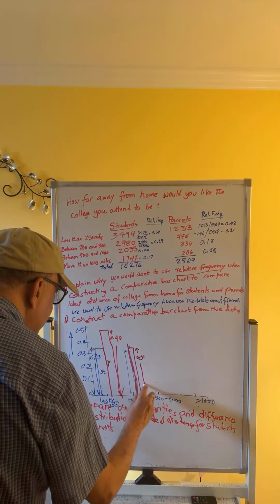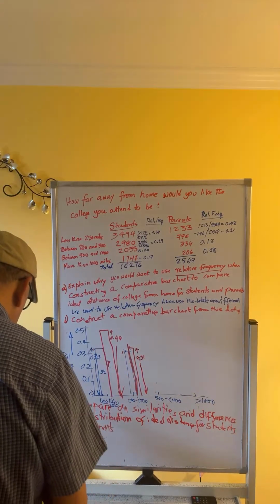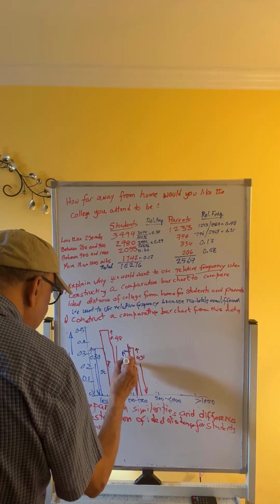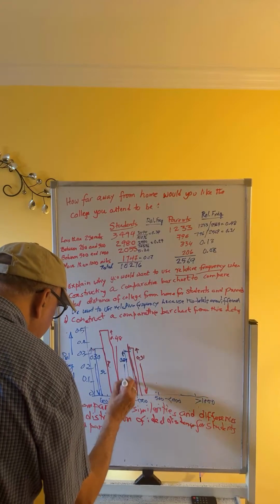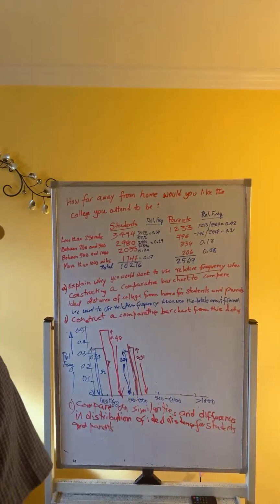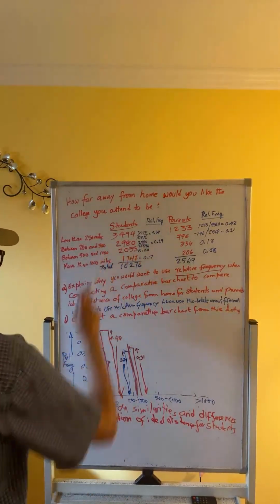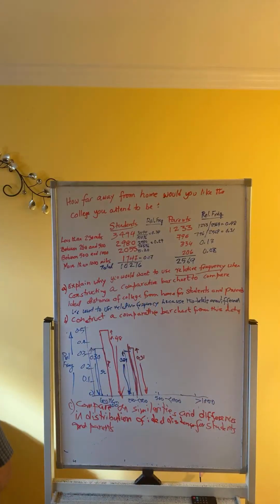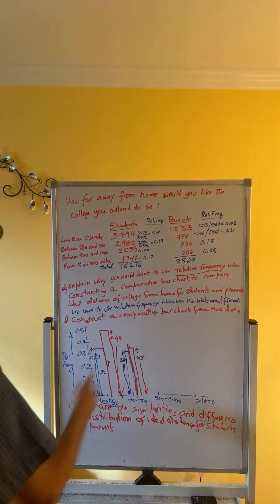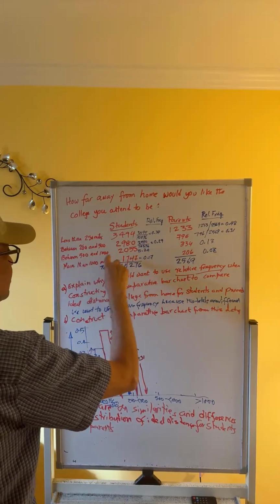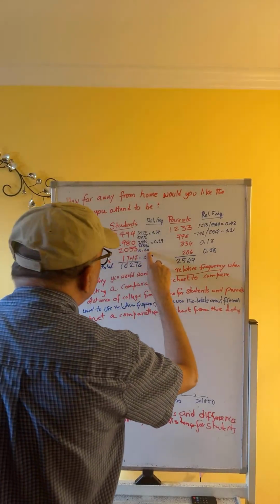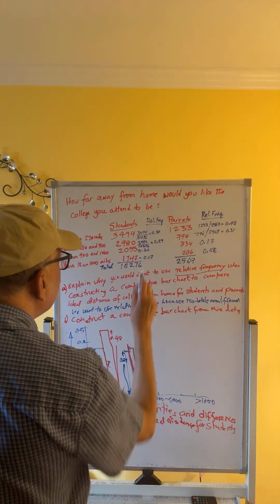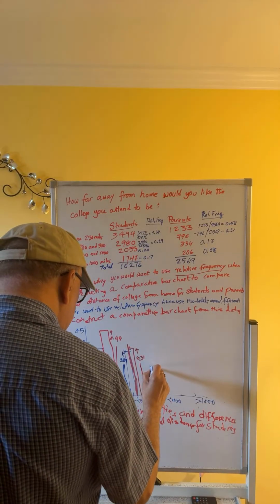Again, the heights of the bars are the relative frequency, and this, I'll do with the blue ink, is 0.29. As you can notice, only in these two categories are the relative frequencies very close. So both the students and parents like this category, that they want the college to be located between 250 to 500 miles from home. Then we will do the third category, 500 to 1000. 0.2 for the students, 0.13 for the parents. So 0.2 is right over here.